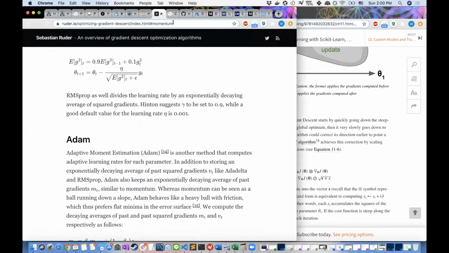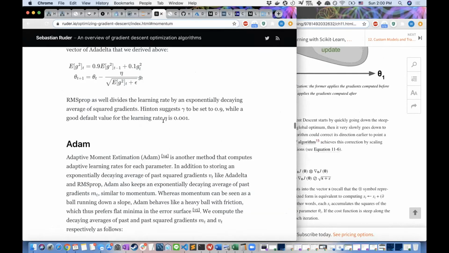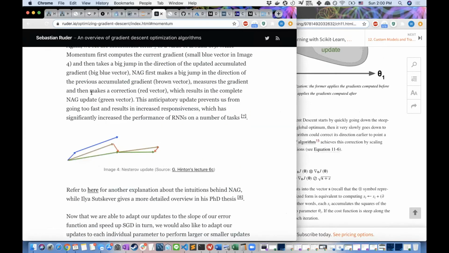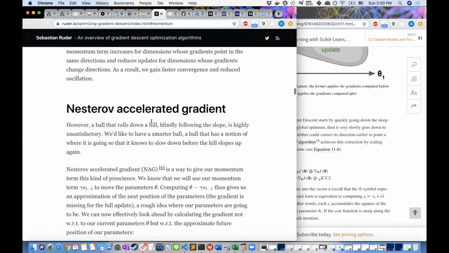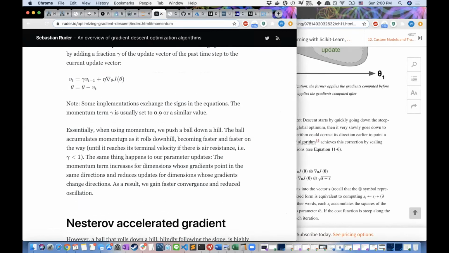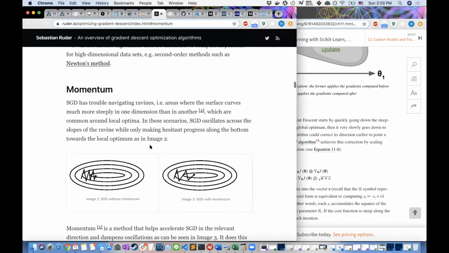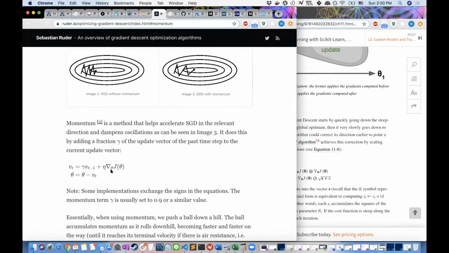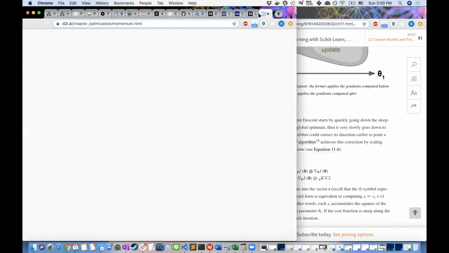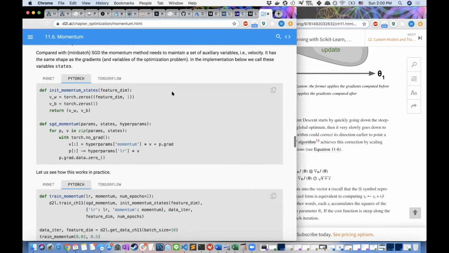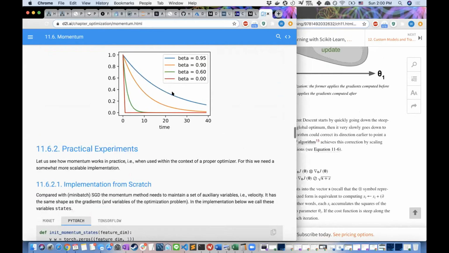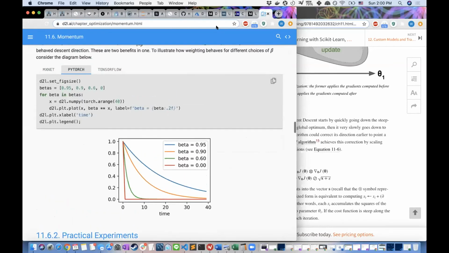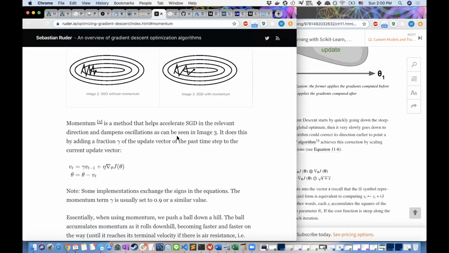The reason why I was a little confused is that on the notation, I've seen Sebastian Ruder, I believe it's the same Sebastian Ruder, also use the same notation as in this Dive into Deep Learning book. That's why I was a little confused.